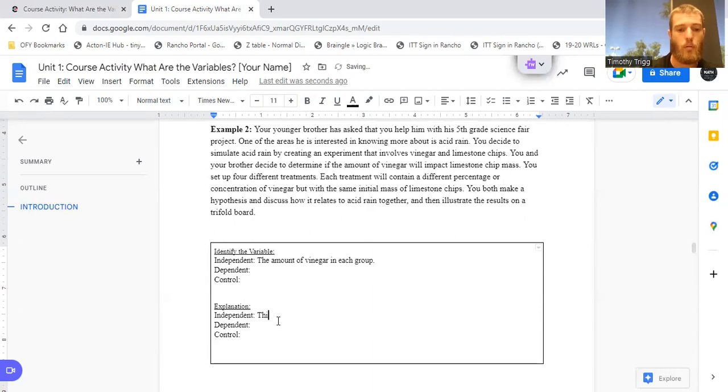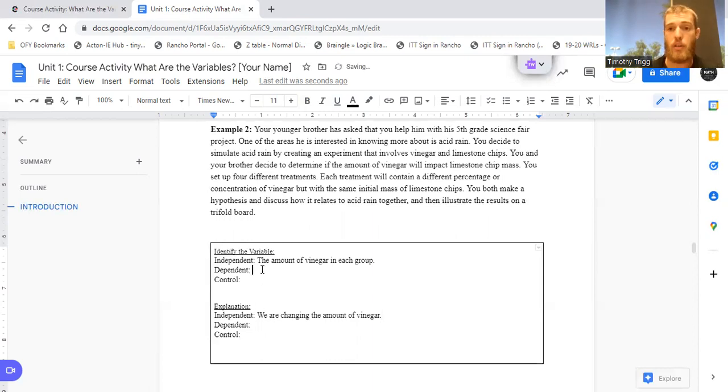We are changing the amount of vinegar, which basically changes the amount of acid, right? So this is simulating acid rain, right? Because vinegar is acidic. So we want to see how that vinegar affects the limestone. That might help us see what acid rain would do to limestone as well.